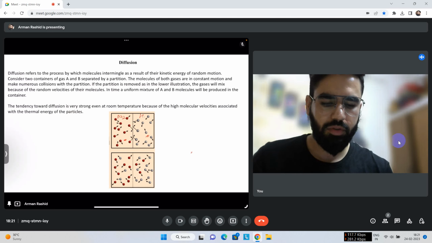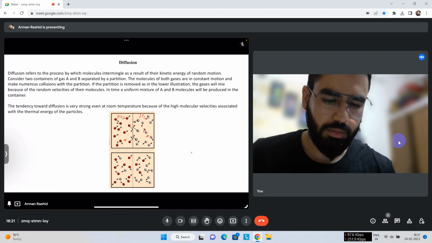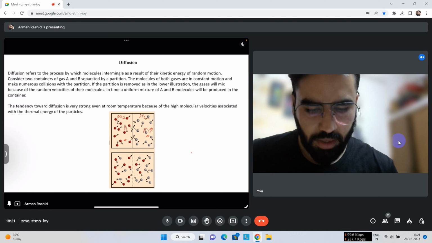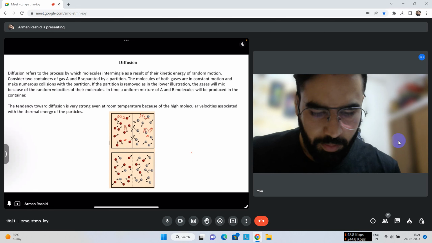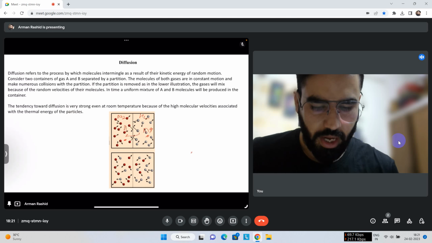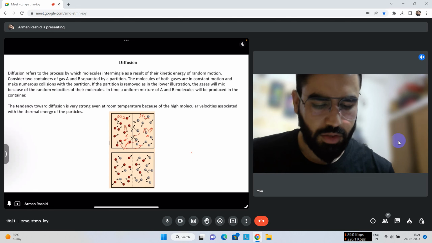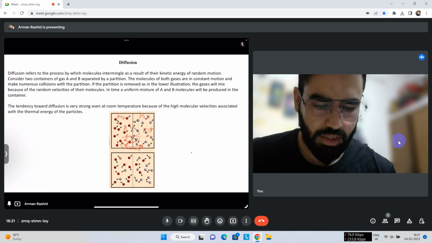Now if there is a wall between them, there is no motion, so nothing will happen. These gases will be confined here, and these gases will be confined there. If we take the wall apart, these gas molecules might move down the concentration gradient to here, whereas the other gas molecules also go there. So there will be a randomization, so that when they equilibrate, the concentration of each gas molecule everywhere will be the same.